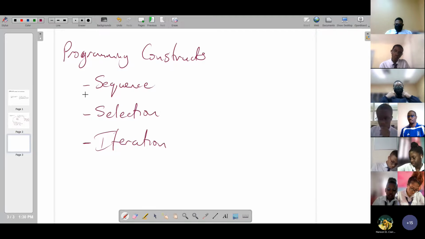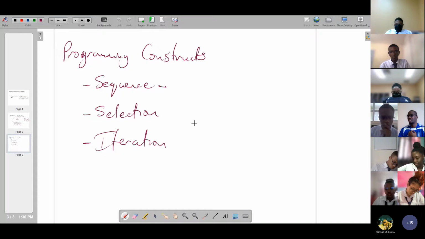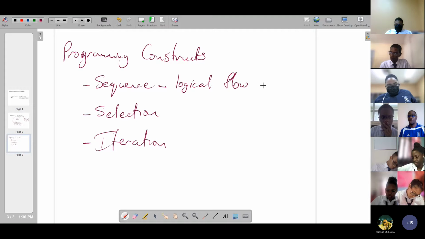And sequence is essentially what we spoke about just now, that last property of good algorithm development, which is kind of like the second and the fourth property when you think about it together. Sequence is the logical flow of execution in a program.